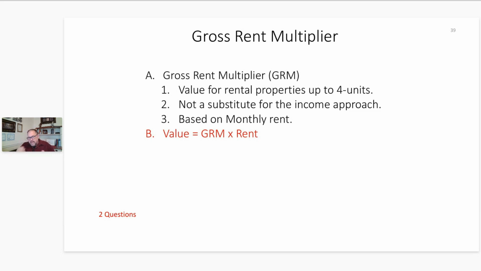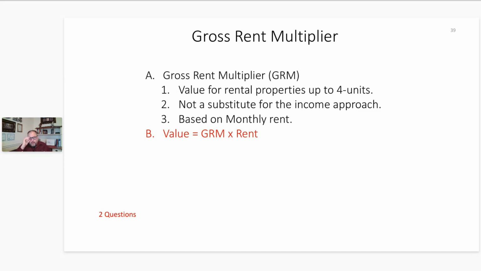Then you take away your expenses to get your net operating income, divided by a capitalization rate, and you get a value for an apartment building of more than 4 units. But what happens if you have a single family home rental, a duplex, a triplex, or a fourplex? 1 through 4, not to include 5 or more.